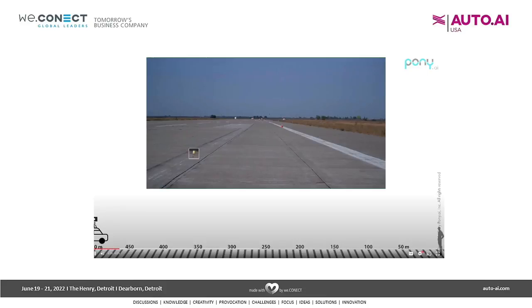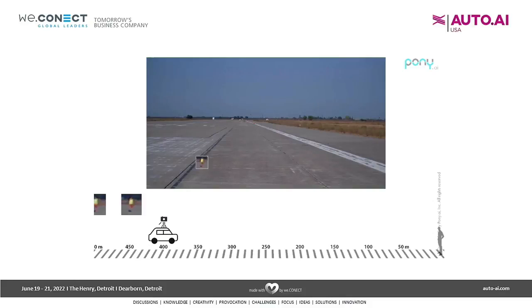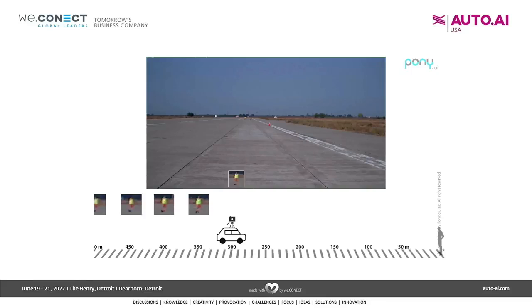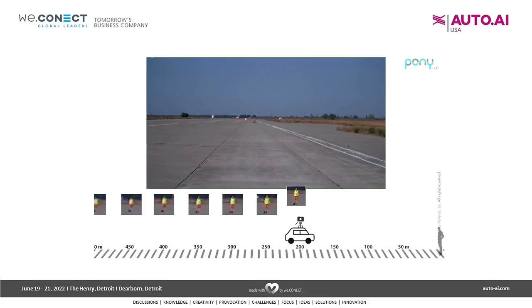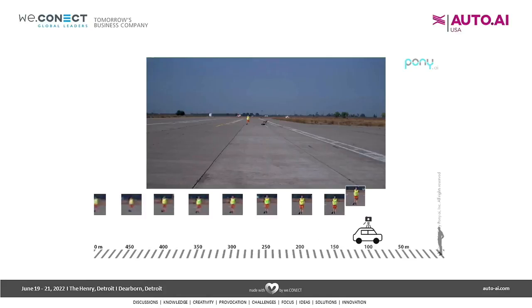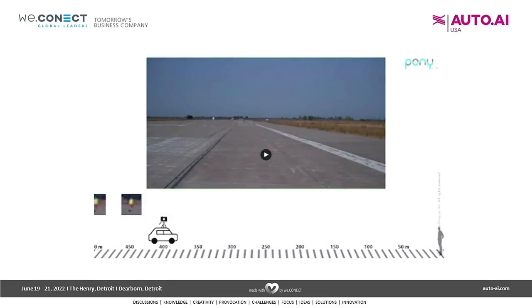We moved the car, stopped it, took a new image, and recorded. Then we sent these images to the labeling team and asked how confident they were that what they see is a pedestrian or a deer or whatever.